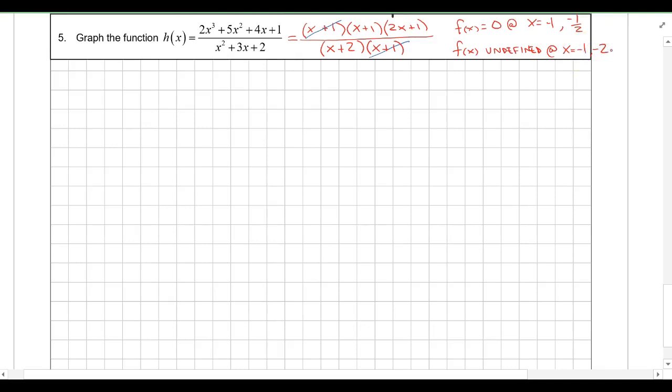Oh, there's a problem. So I can't be both 0 and undefined. So I've got to cross out this value right here. The function will not equal 0 at x equals -1 because that's a factor that canceled. The function will be undefined at x equals -1. All right, let's take a look at the domain of this function.